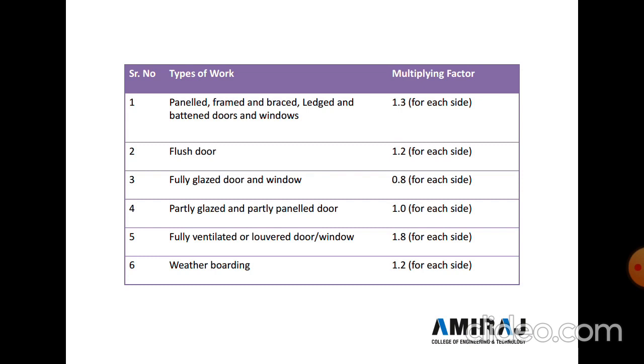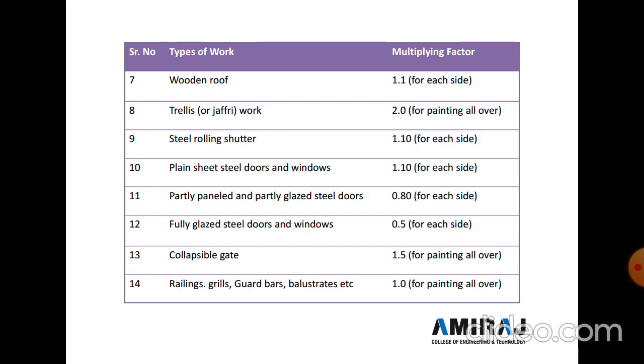Next is a wooden roof, multiplying factor 1.1 for each side. Next is trellis or trellis work, multiplying factor 2.0 for painting all over. Next is steel rolling shutter, 1.10 for each side. Plain sheet steel door and window, 1.10 for each side.